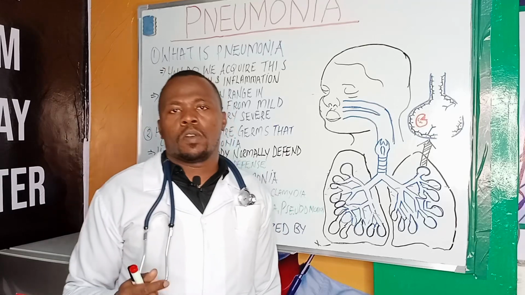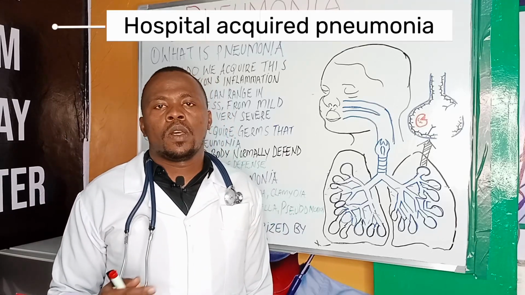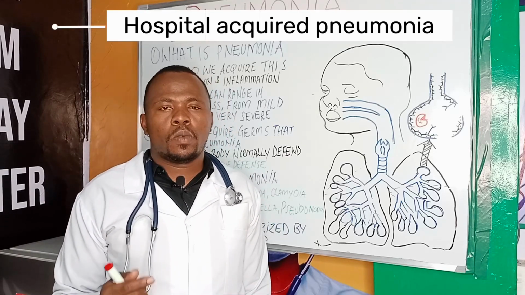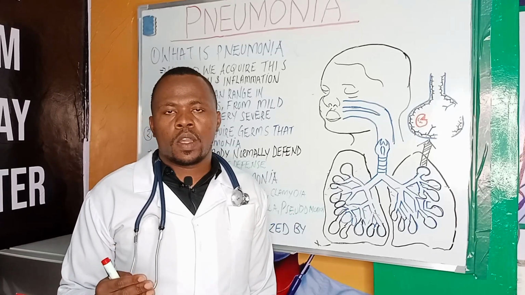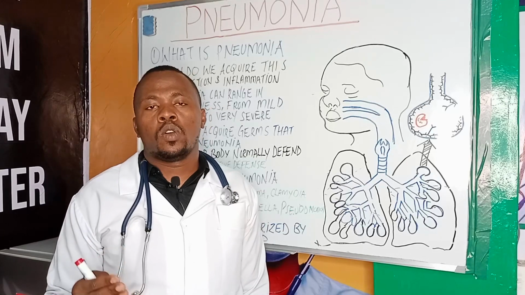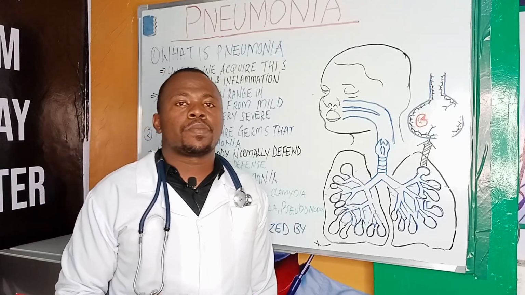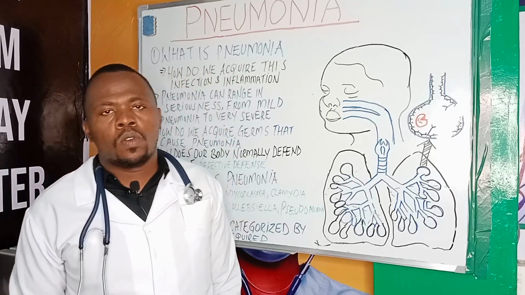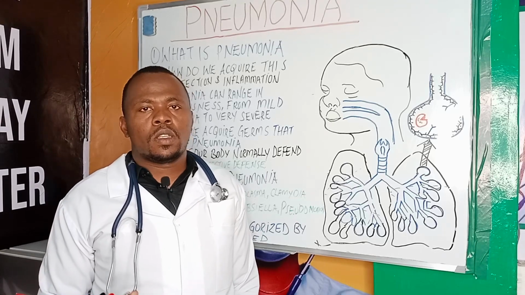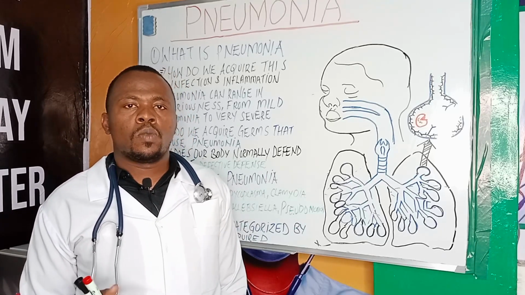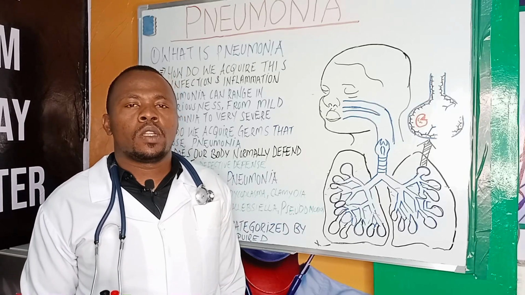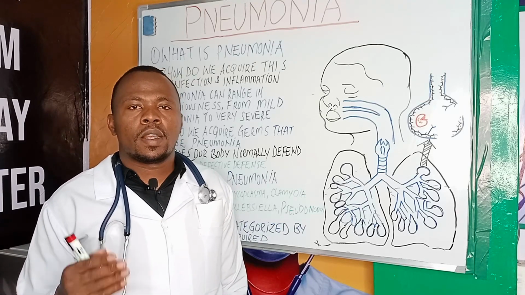Number 2 type of pneumonia is hospital-acquired pneumonia. Hospital-acquired pneumonia is a pneumonia that a patient acquires when they have been admitted in a hospital for more than 2 days to 5 days. This is a very serious pneumonia because you might acquire bacteria that are nasty.